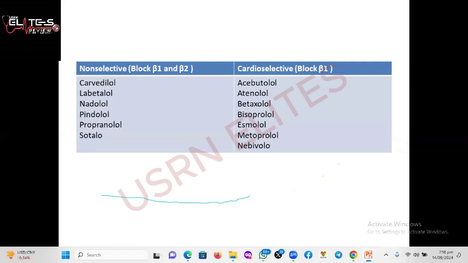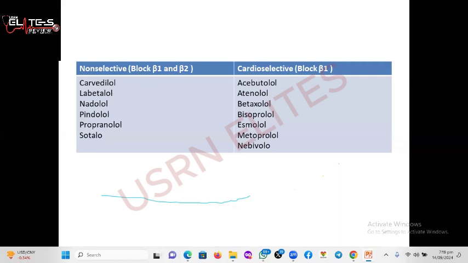So with the cardioselective, you can use them in people with asthma or airway occlusion disorders. On the screen, you can see atenolol. We have metoprolol. I think they are the most common ones; you see them commonly in the NCLEX. You could have esmolol, betaxolol, and acebutolol. They are cardioselective. The non-selective ones are carvedilol, labetalol, and propranolol.